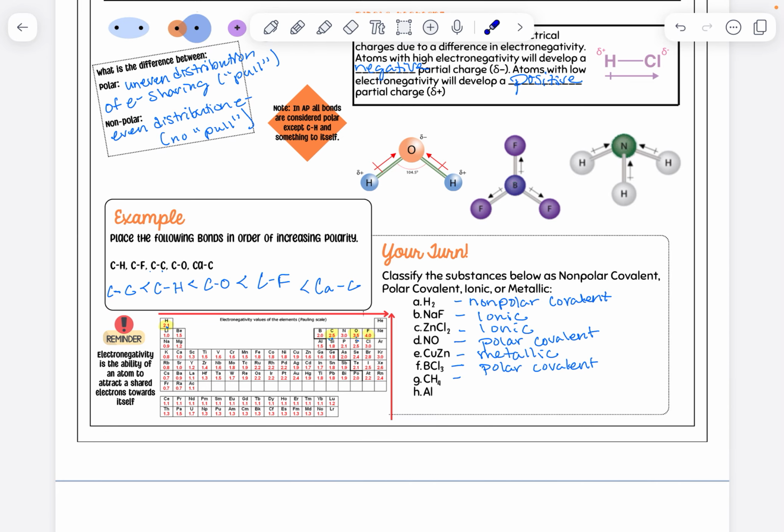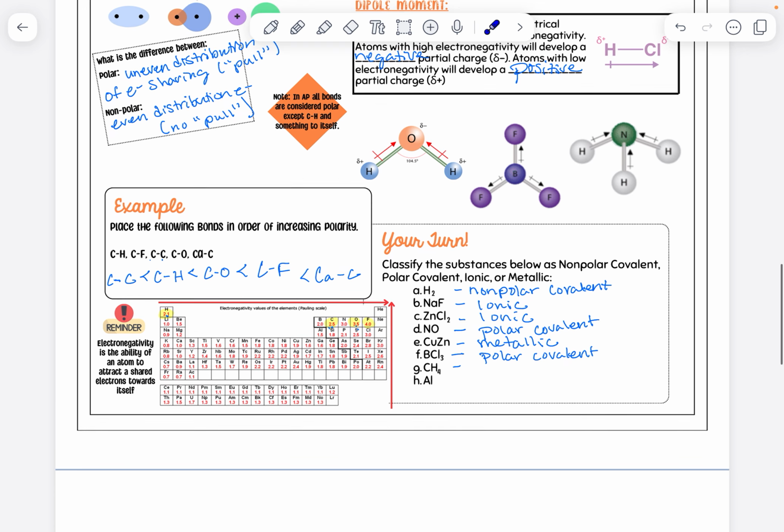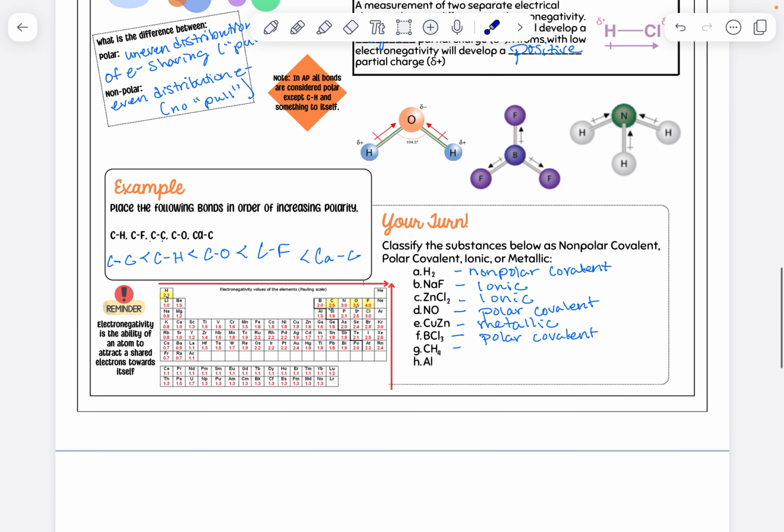It also has something to do with the atomic structure, and same with BCl3. Based on this assignment, we would say polar covalent, but if there's equal pole on all sides, it is actually a nonpolar covalent molecule, and we'll talk about that more later when we talk about VSEPR. But for this assignment and example, we'll just go ahead and just look at the atoms compared to the central atom. So we're going to say nonpolar covalent.